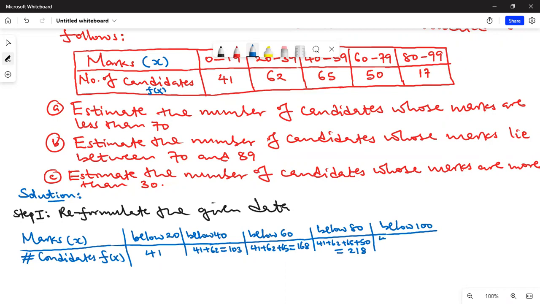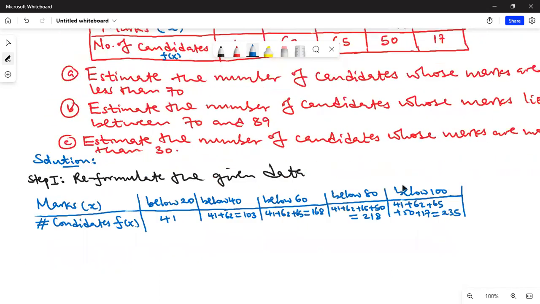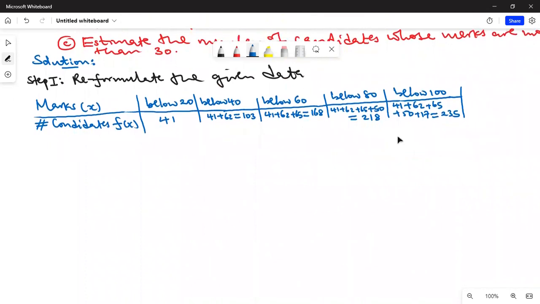Everything added together is 41 plus 62 plus 65 plus 50 plus 17, and that should give us 235. So you see we have now reformulated the given table to a form that you can easily use to construct the finite difference table.